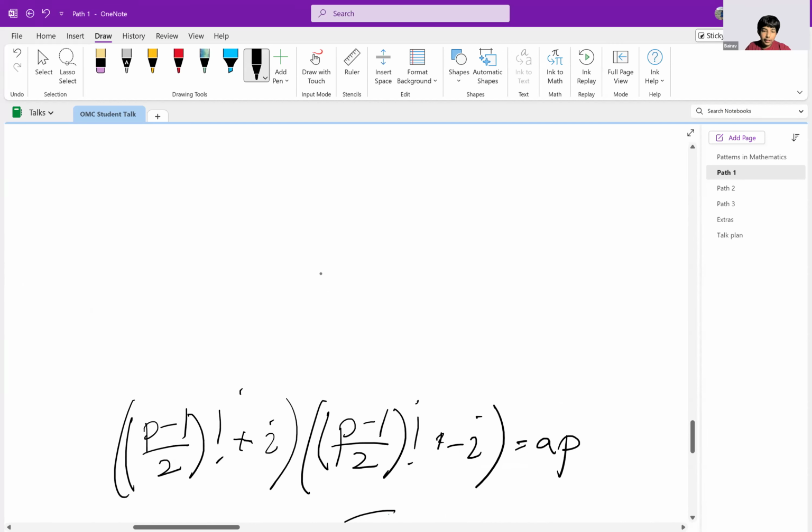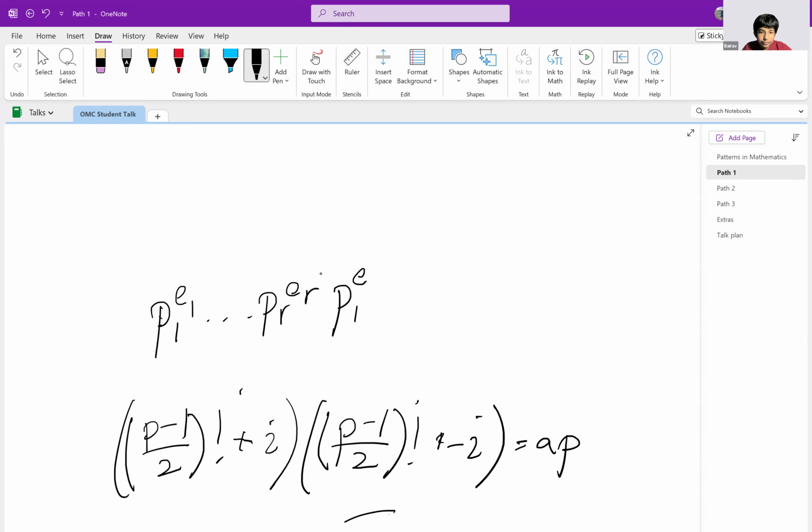But since these are conjugates, the primes will be conjugates themselves. So we get this as Ap, but how many of these?